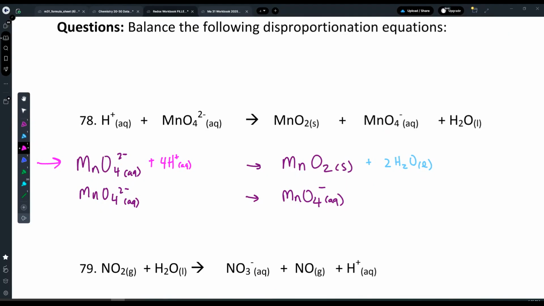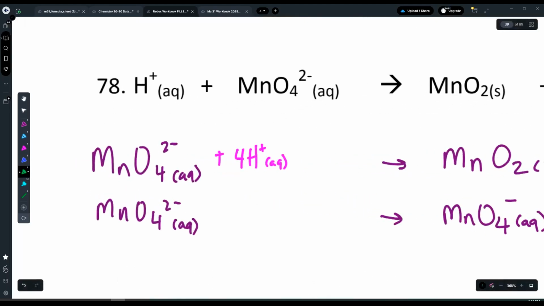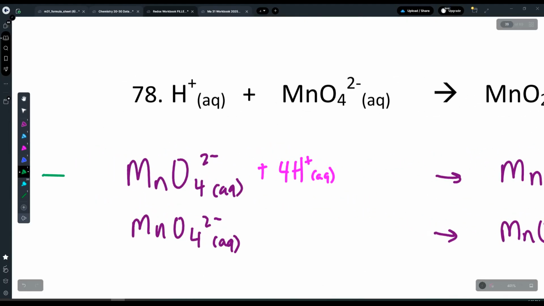Okay, now that the hydrogens are balanced in the first one, I'm going to do the exact same thing for the second one, but notice how the second reaction doesn't have any hydrogens in it, so I don't need to add hydrogen ions anywhere. Now we need to move on to balancing out charges. I'm going to find the total charge on the reactant side for the first reaction.